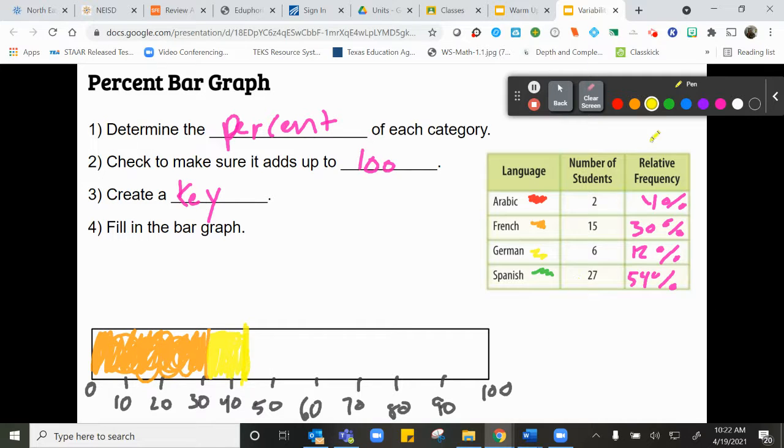Now let's do Spanish. If I add 42 plus 54, that's going to take me all the way down here to about 96. Let me use the correct color though. And then I'm going to fill this in.